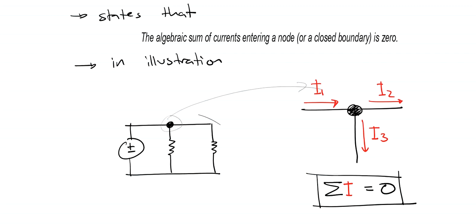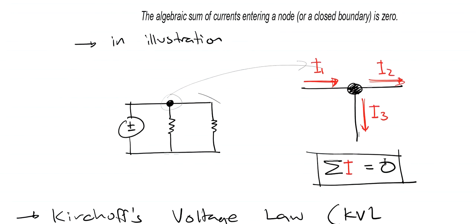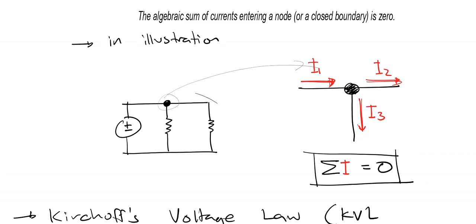If this is a node, it's a connection point between two or more elements, then the current enters a node in this direction, and the current goes out in this direction. Of course this is just arbitrarily assigned for now, so the algebraic sum would be equal to 0. What that means is that the direction of the current actually matters. So it has a sign.